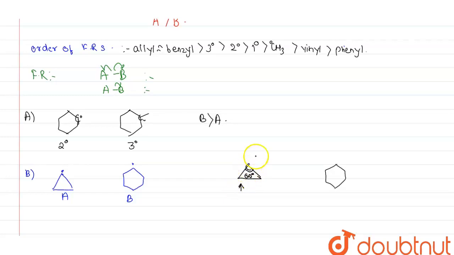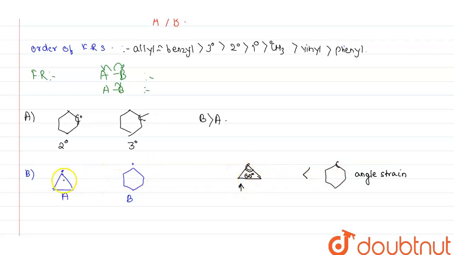Considering this one, the angle strain is less, as the tetrahedral carbon has an angle of 109 degrees and there is not much deviation. So this cyclohexane is more stable as compared to this cyclopropane.